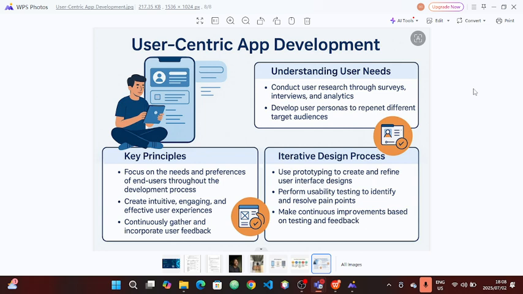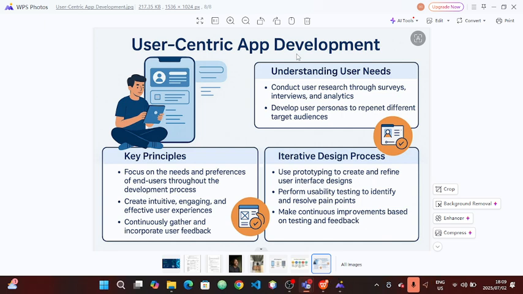As you can see on this diagram, we need to understand the user's needs. We have the key principles and the interactive design process. By understanding users' needs, we need to conduct user research through surveys, interviews, and analytics.